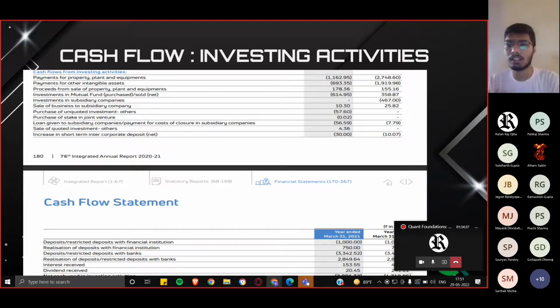Suppose you have taken some shares in a private company and then you sell them. Whatever profits you make from it come under the sale of quoted investments. Then deposits and restricted deposits, realization of deposits, interest received, dividend received, again about the same things.